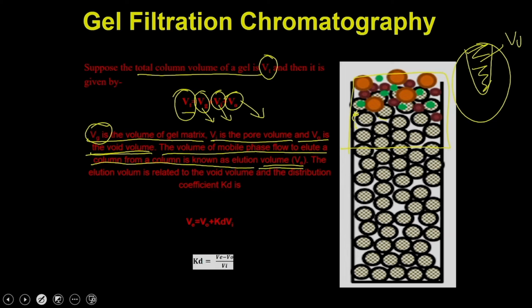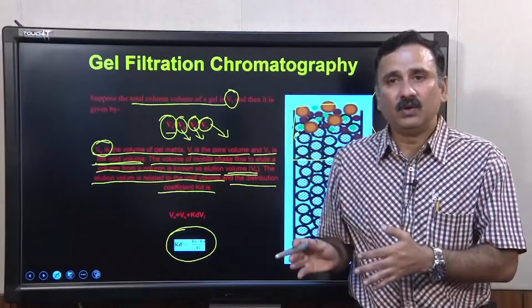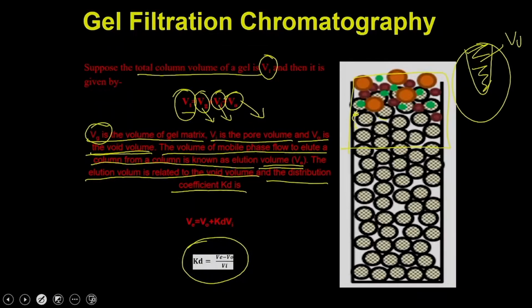The elution volume is related to the void volume and the distribution coefficient Kd. So, the relationship is that Kd is equivalent to Ve minus Vo divided by Vi, and you are able to calculate the Kd value.